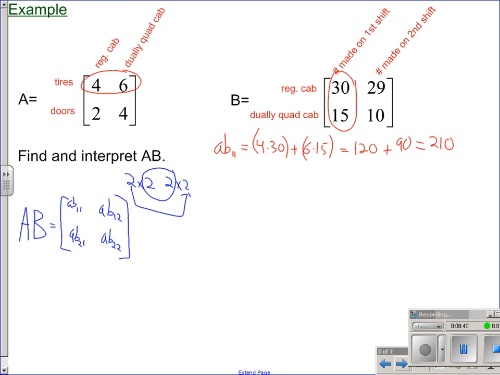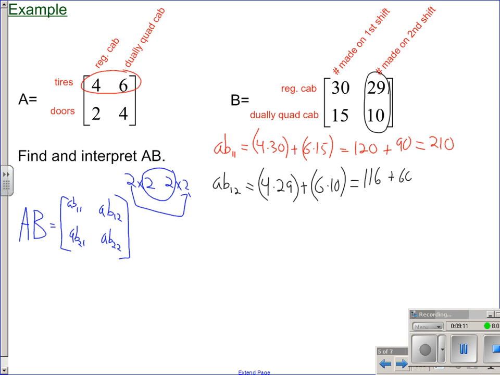Now I'm looking for the first row, second column of AB. So I'm going to take the entries in the first row and multiply them by the entries in the second column. So it goes 4 times 29 plus 6 times 10. 4 times 29 is going to be 116, plus 60, so 176.